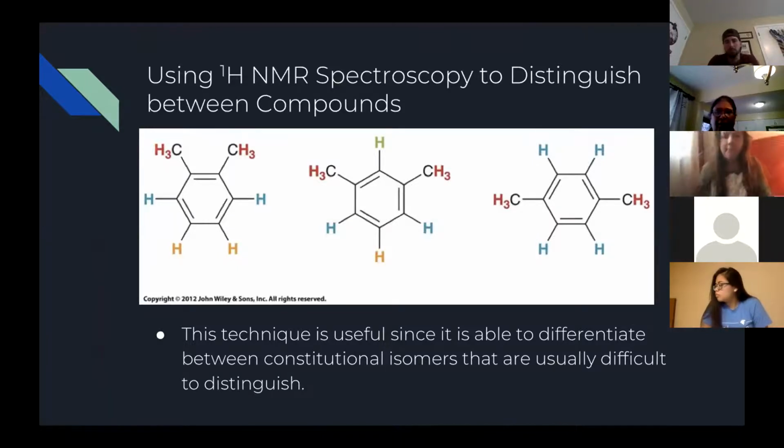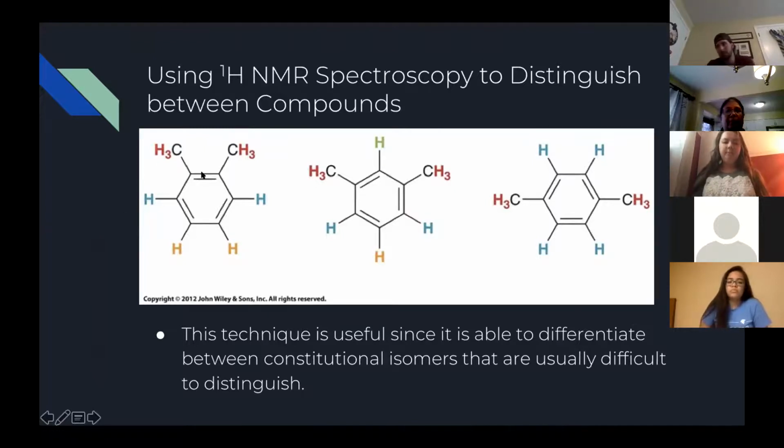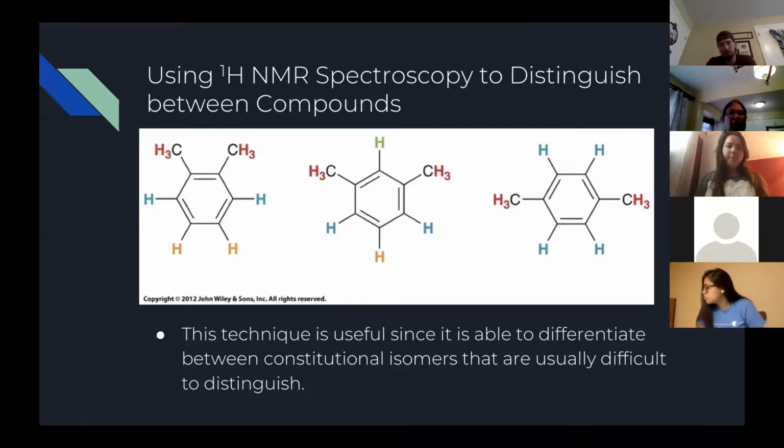Do you have the spectra for these, Michaela? I don't. They were just given in the book. But you could think of ways that they would be different. The neighboring protons will be different. That's how you can tell if it is ortho, meta, or para.